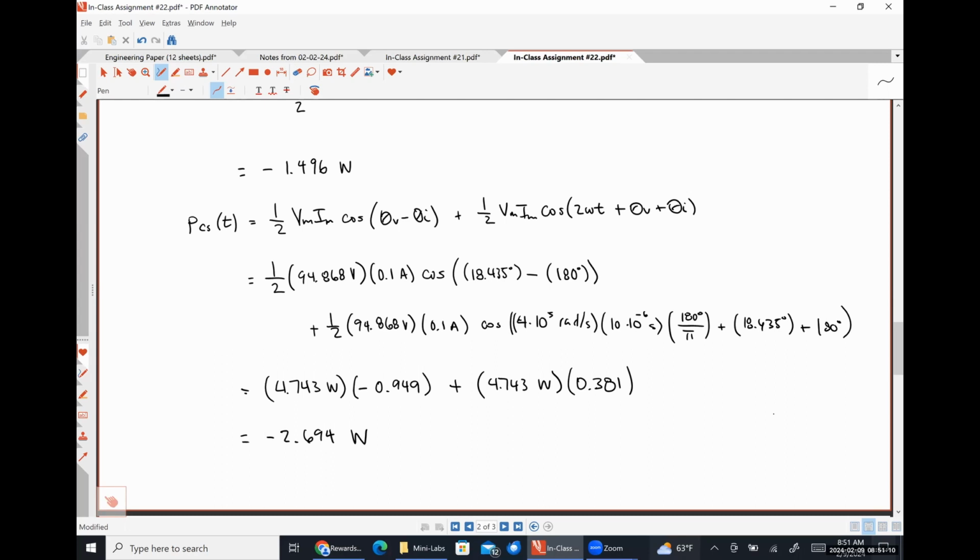So theta v minus positive 180 degrees, and then theta v plus positive 180 degrees. That being said, it wouldn't matter anyway, because 180 degrees and negative 180 degrees are literally the exact same angle. But I was consistent with using positive 180 degrees for both things here.